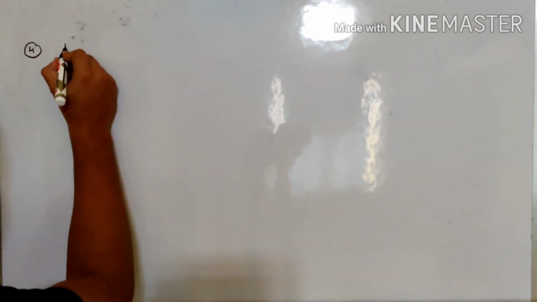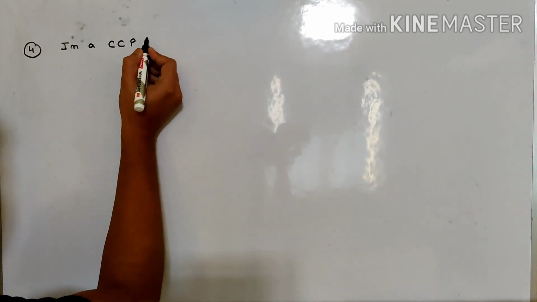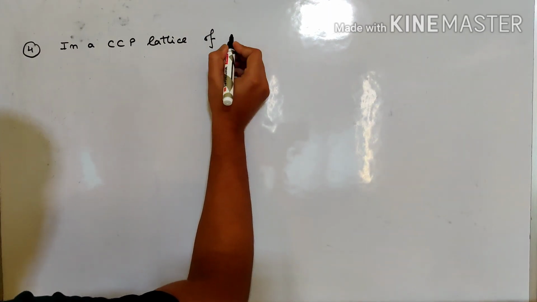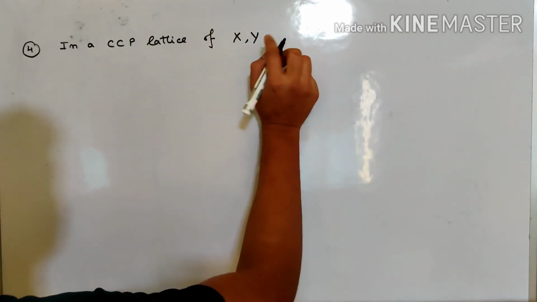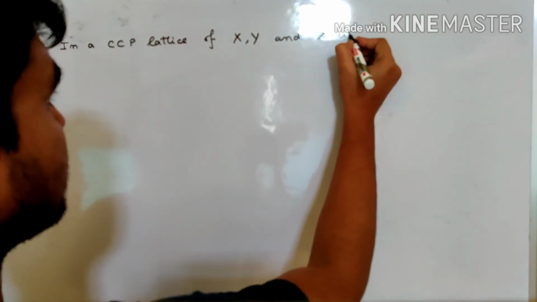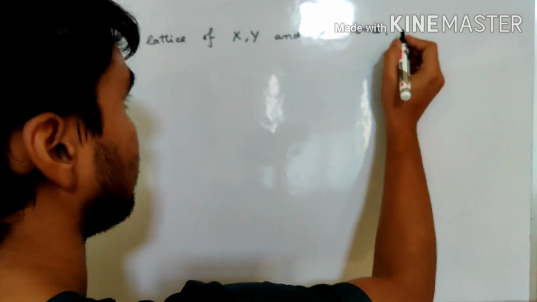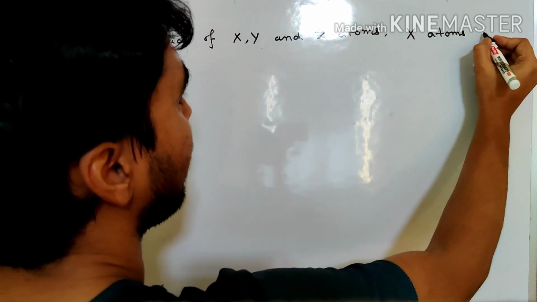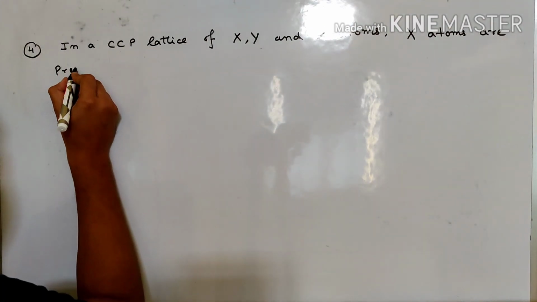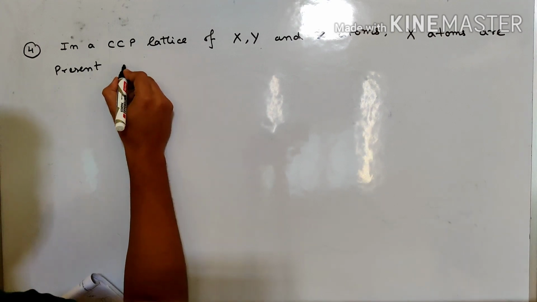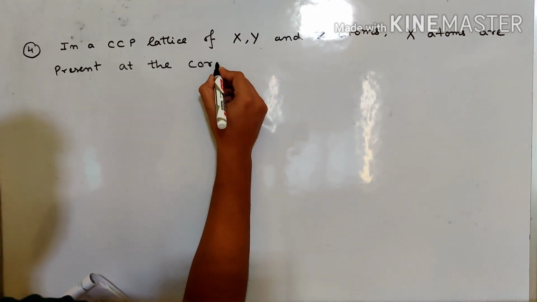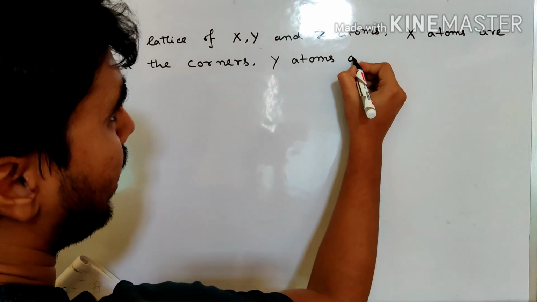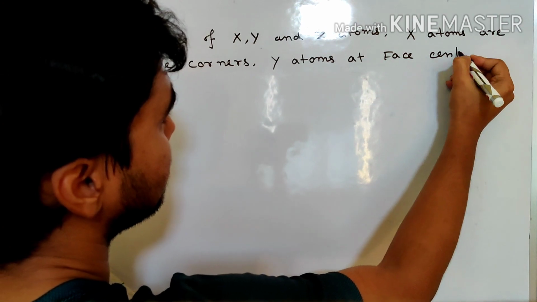In a CCP lattice, that is comparable with FCC as we know, CCP lattice of X, Y and Z atoms, X atoms are present at the corners, Y atoms at face centers.